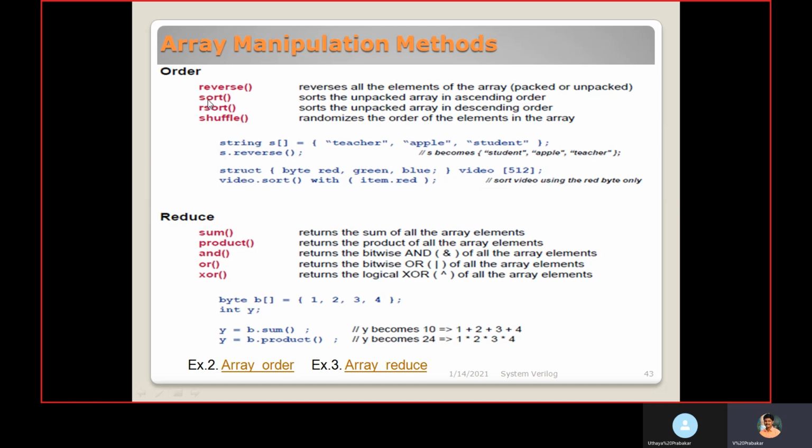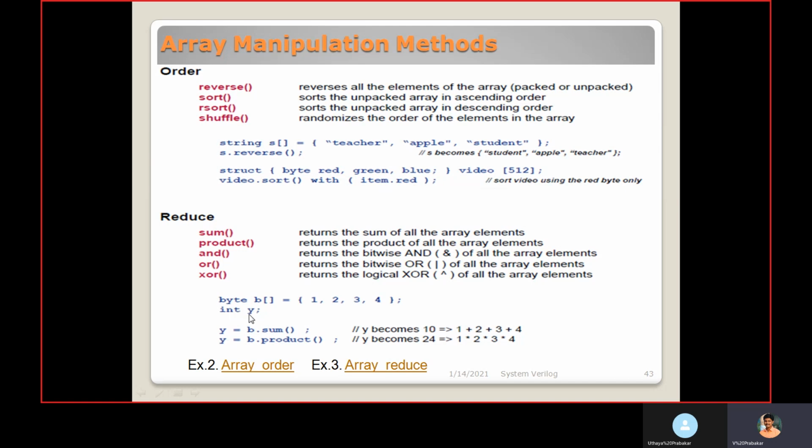For this method we will see an example in EDA Playground. Then reduce methods: sum, product. If you give sum, it returns the sum of all the elements. See this example: byte, a static array, I assign 4 values. Array name dot sum will perform the sum for all these elements, 1 plus 2 plus 3 plus 4, and return that value.